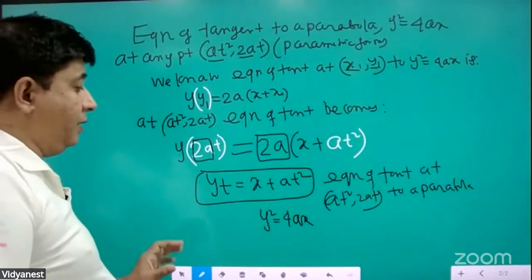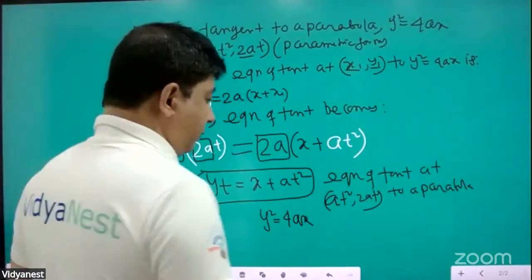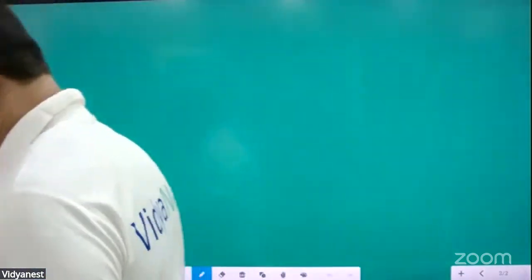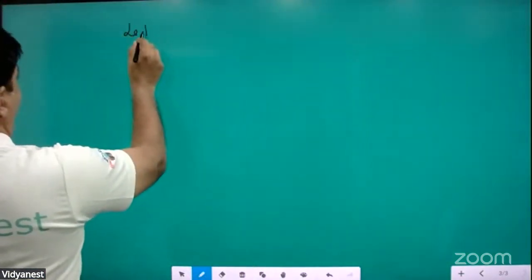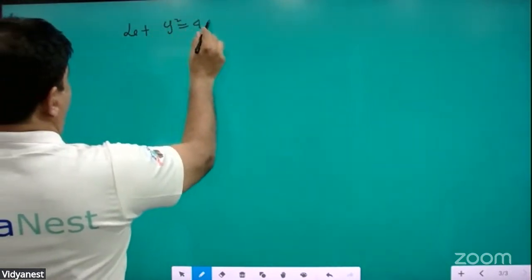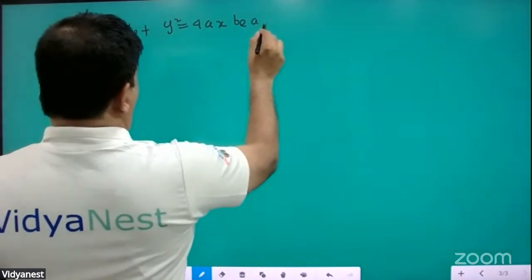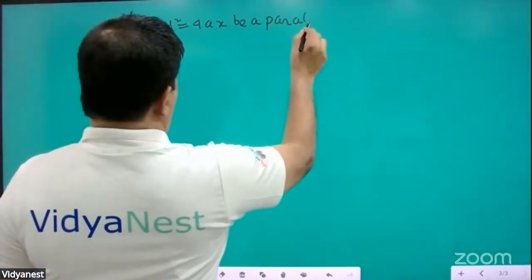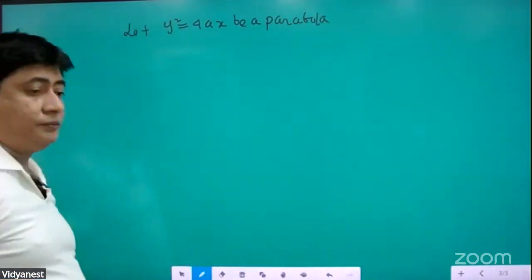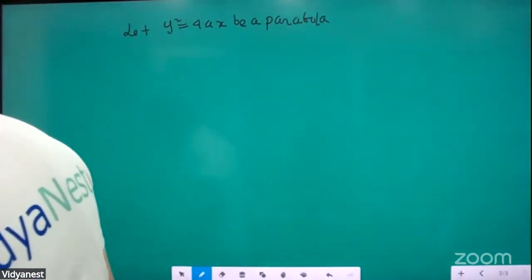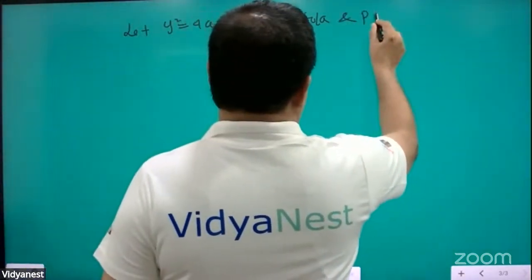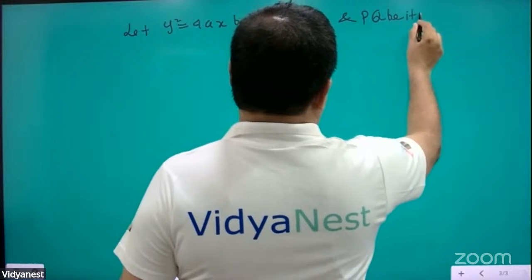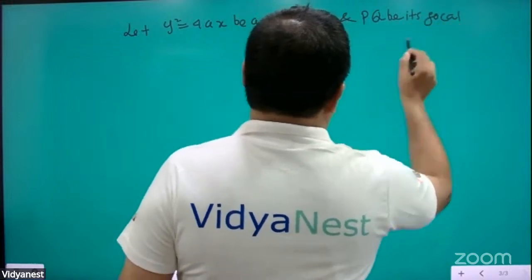Okay, now, based on this, let us do one sum. Let y square is equal to 4x be a parabola, and PQ be its focal chord.